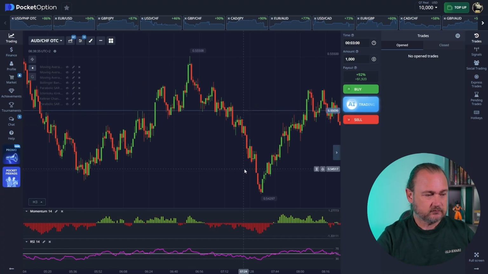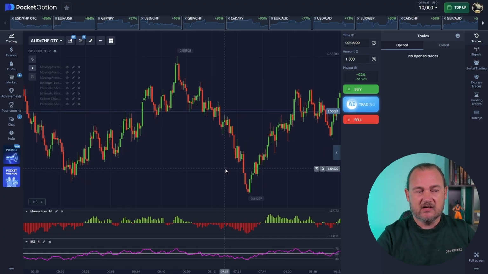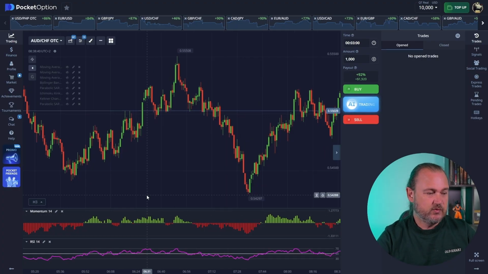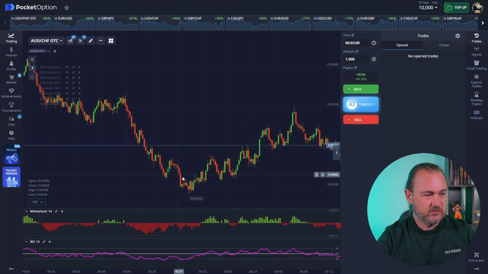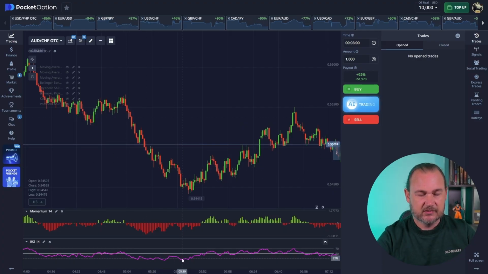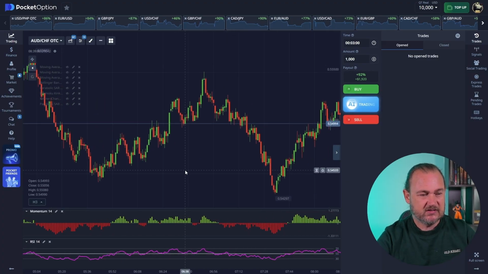Now, if we look at this closely, we will notice something. We had a big drop here, and our RSI switched below the 50 line, which is normal. After that, we started seeing some upwards movement, and during that period we could see that the RSI started to remain above, and the same goes for the momentum indicator.